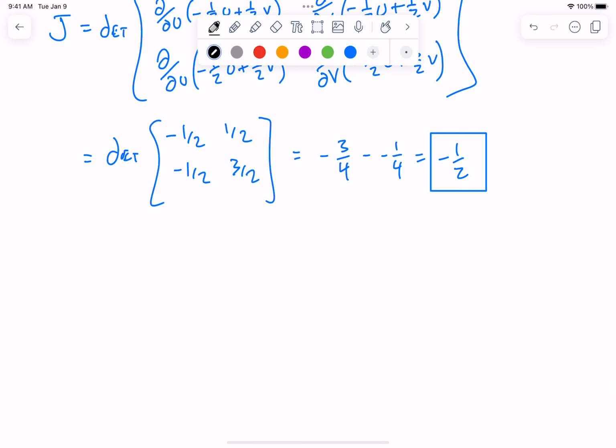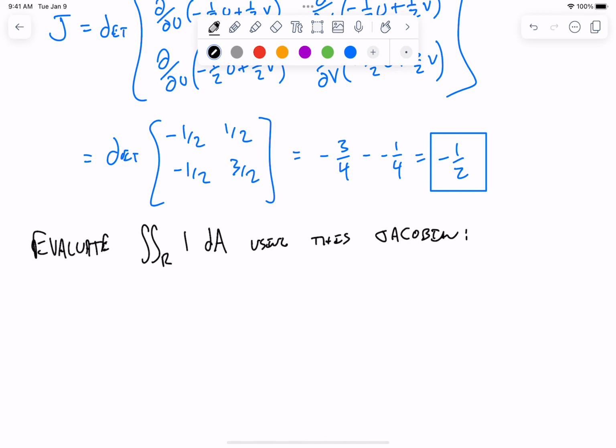So now I can evaluate the double integral using this Jacobian. What is it going to be?